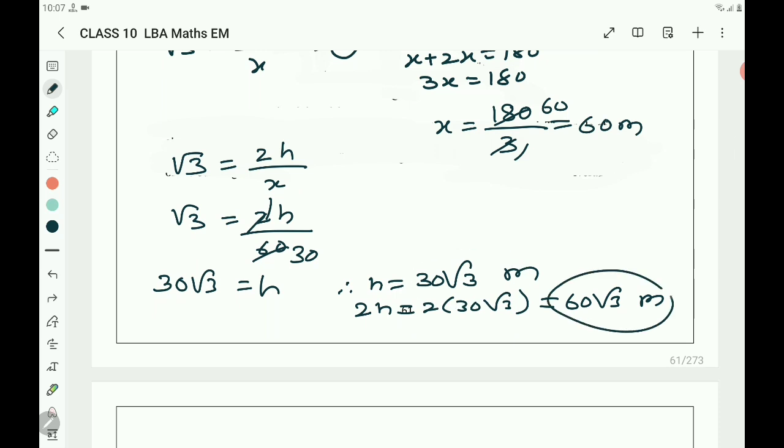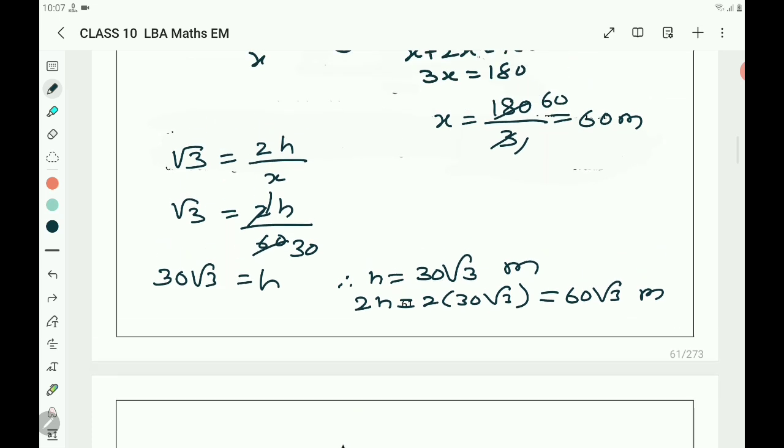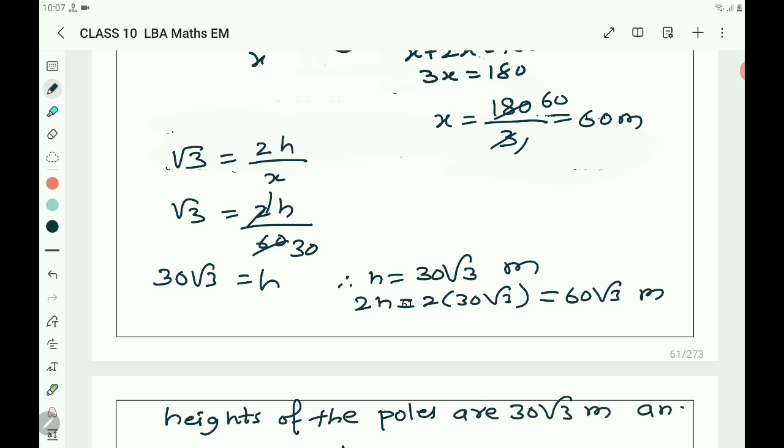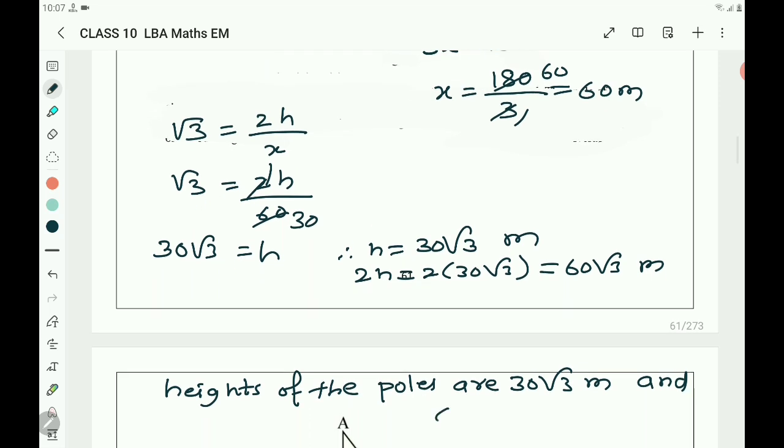Height of the other pole is 60 root 3 meters. Therefore you can write, heights of the poles are 30 root 3 meters and 60 root 3 meters.